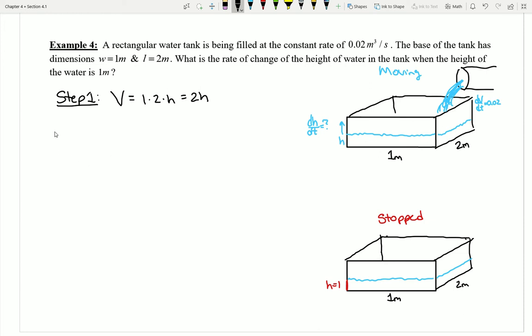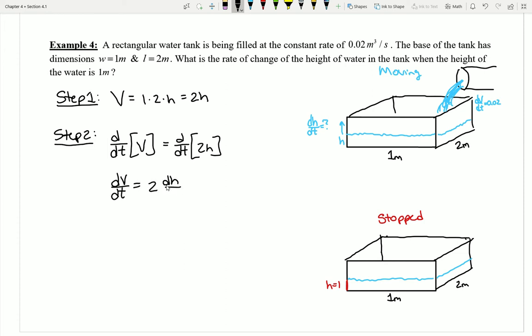Okay, great. So this is actually a really simple equation. To go to step 2 is no big deal. I just need to take the derivative of both sides with respect to t. So on this side, I'm going to get dV/dt. On the other side, I'm going to get 2 dh/dt. So this is a really simple looking formula here.